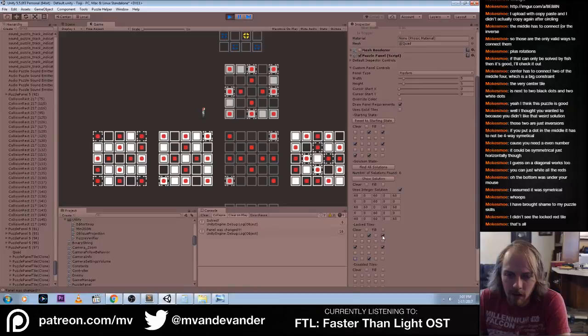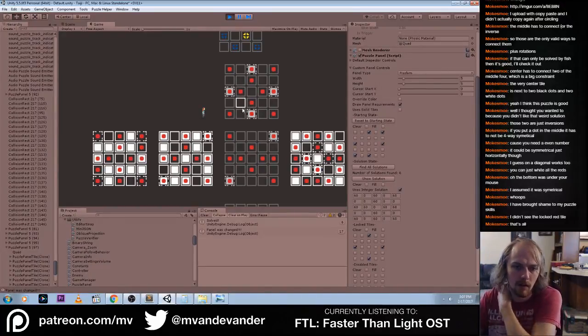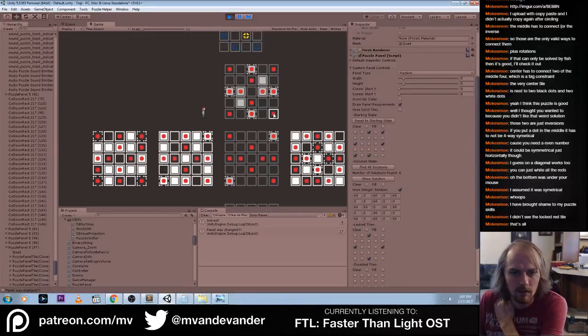If I unlock the corners, then I can just do this, right? No, I guess I can't. I can't connect there because that would connect to that too. But I can do this. But then that isolates that, so that's no good.